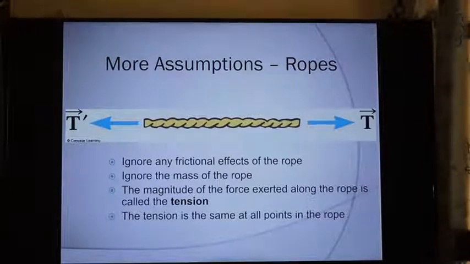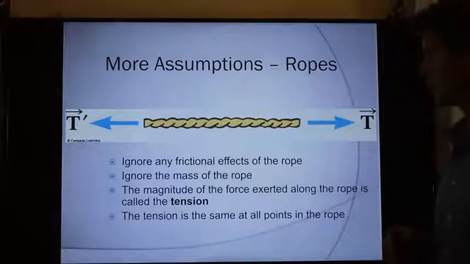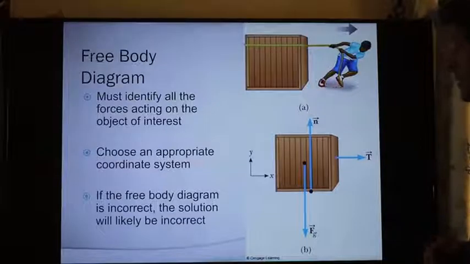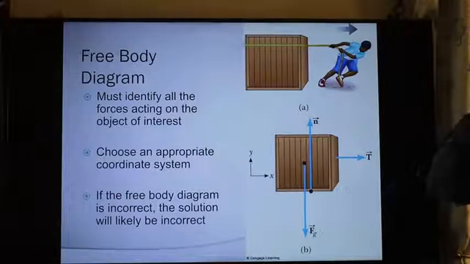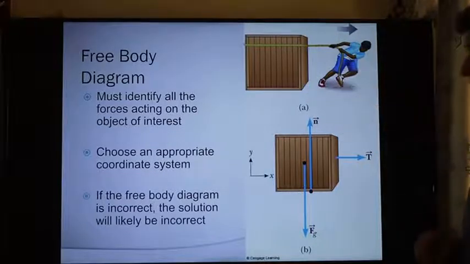So again, looking at ropes, cables, and whatnot, these can apply tension and tension only. The tension only pulls at the end of the rope or the cable. Here we have a free body diagram and a full force diagram of a box being pulled. We've included all the different details here.